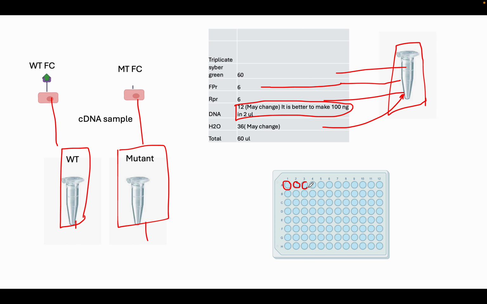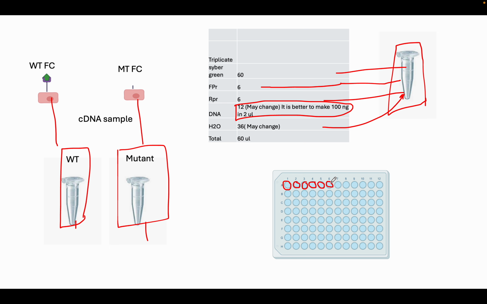This is a 96 well plate, I think, and I will put 17 to 18 microliter of this master mix, which has SYBR Green, forward and reverse primer, and water, but I have not put DNA there, in each of these 6 wells.